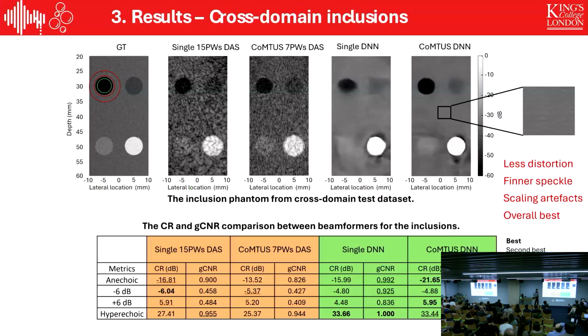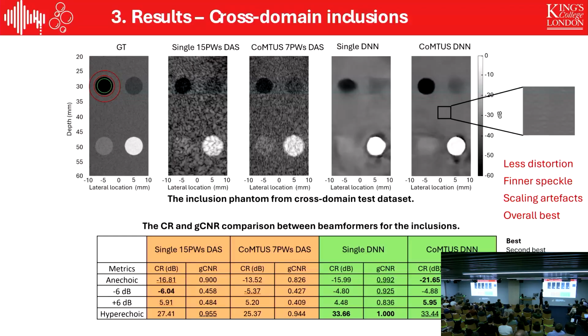The next test is the cross-domain inclusions. Here, this phantom has 4 inclusions: anechoic inclusions, -6 dB, +6 dB, and hypoechoic inclusions. Here we can see that the final model produces less distortion. You can see the anechoic inclusion and hypoechoic inclusion are quite clear among them.